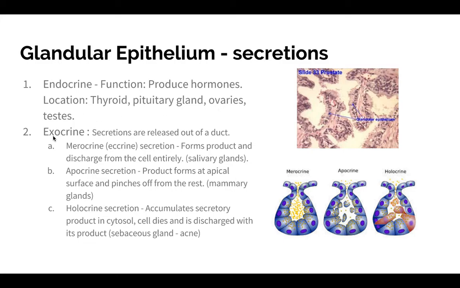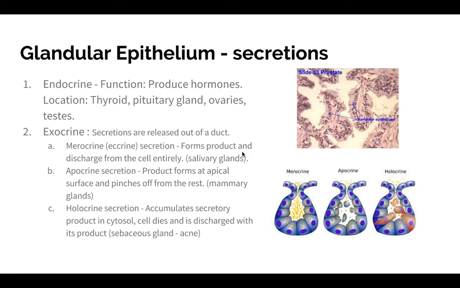The next type of glands are the exocrine glands. These are also secretory glands, and the secretions are released out of some kind of duct. The first type we're going to look at here is the merocrine gland, merocrine secretion, which is also called eccrine.